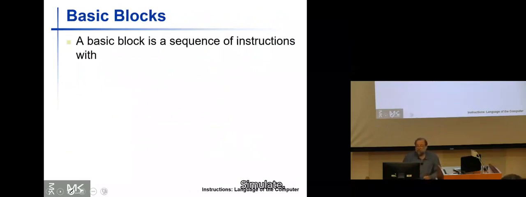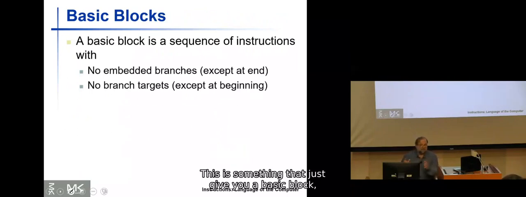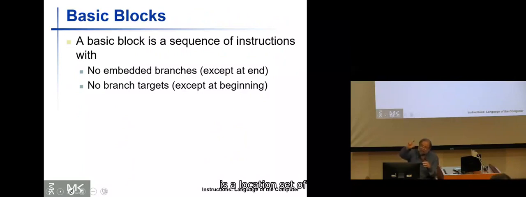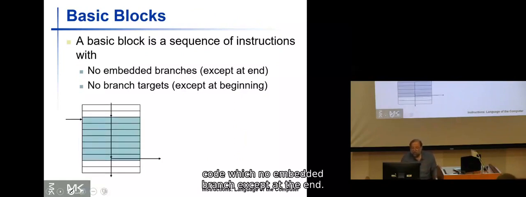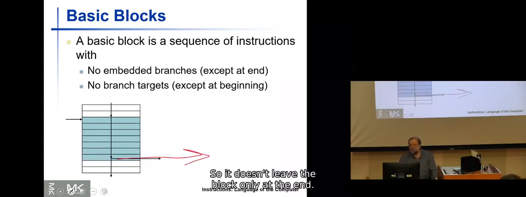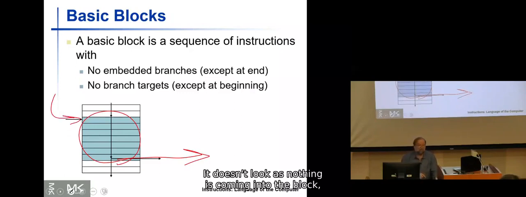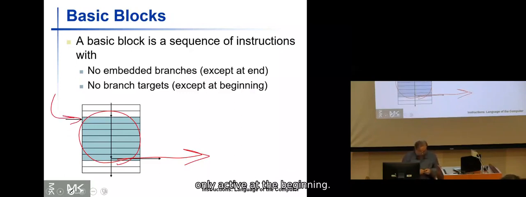This is something that gives you a basic block: a set of code with no embedded branch except at the end, so it doesn't leave the block except at the end, and nothing is coming into the block except at the beginning.